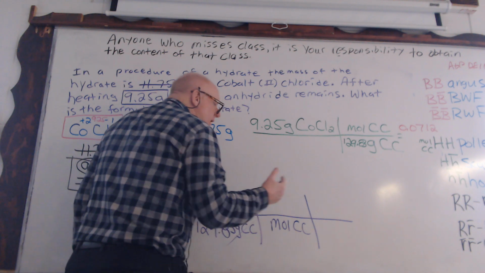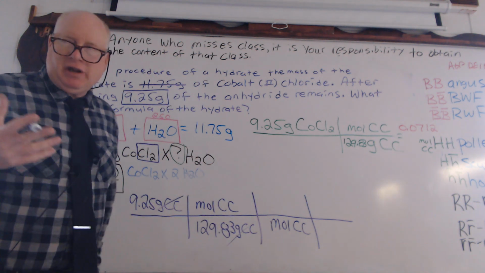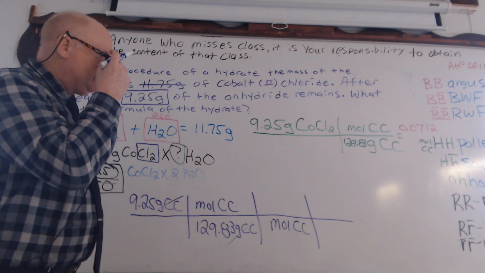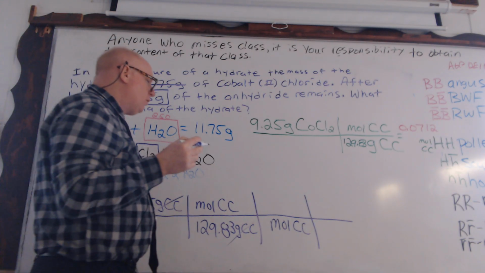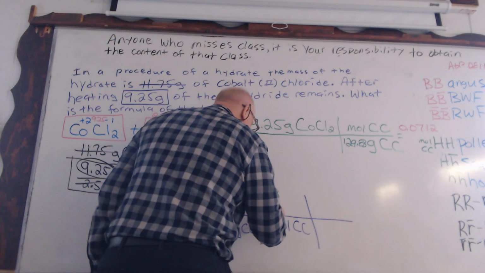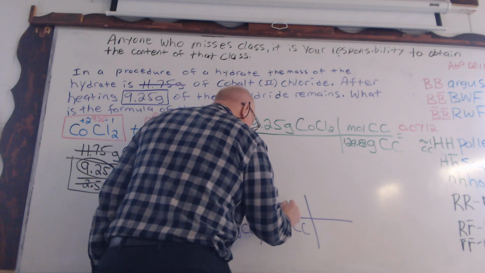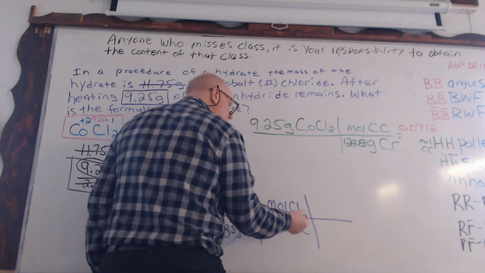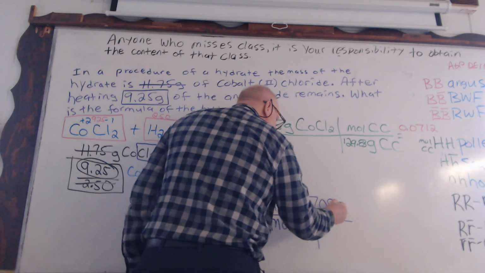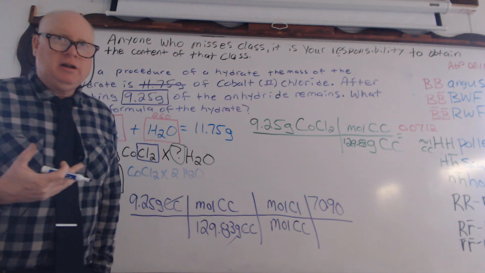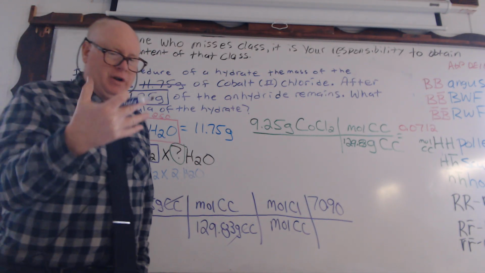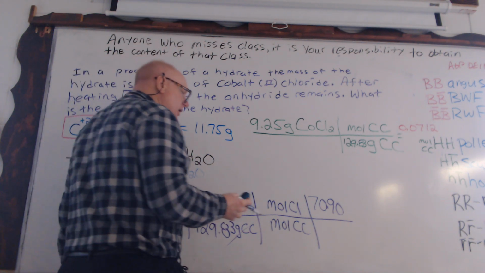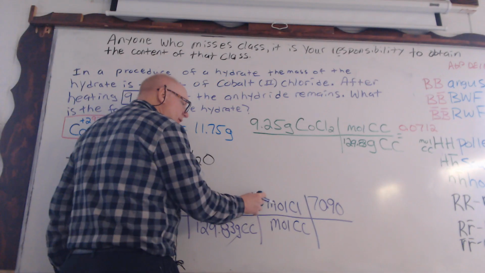Okay, and I have seen this on some of the papers, and this is not wrong. I don't recommend doing this, but some people maybe feel more comfortable with this. They might just leave that and then put this here. That's not wrong. It's just not how I would recommend doing that, because when we start reaction stoichiometry, then you do have to put that number there.